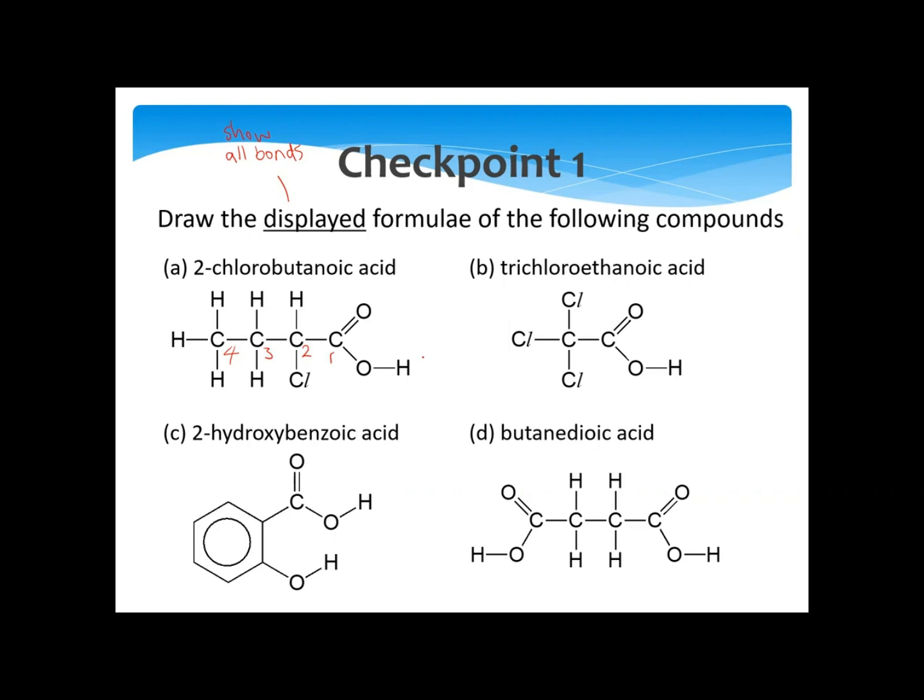So that's for drawing displayed formulae, as well as nomenclature of carboxylic acids. I hope you have taken down the answers if you have not had a chance to attempt it. I will now move on to the second part, physical properties.